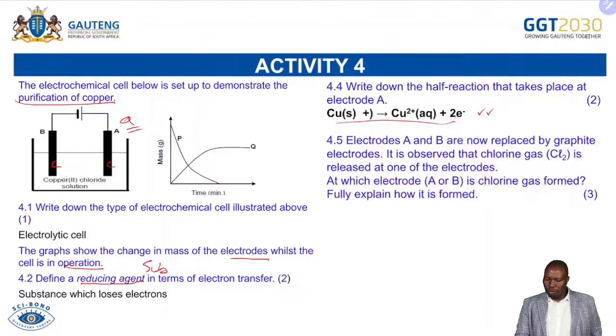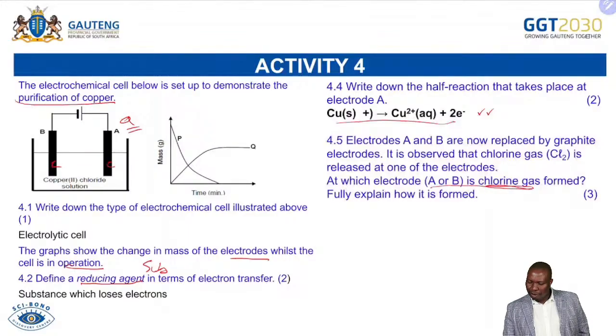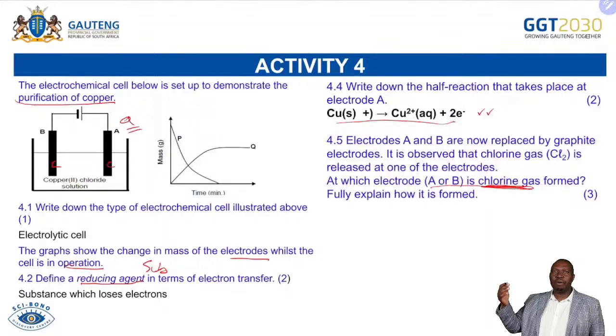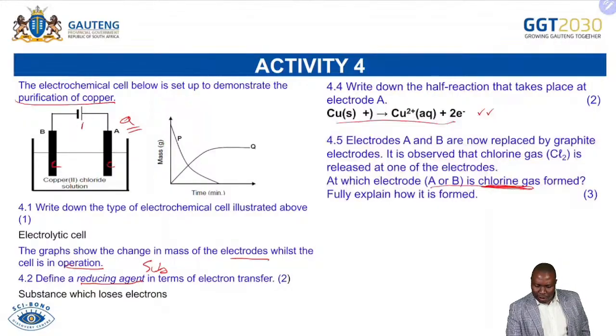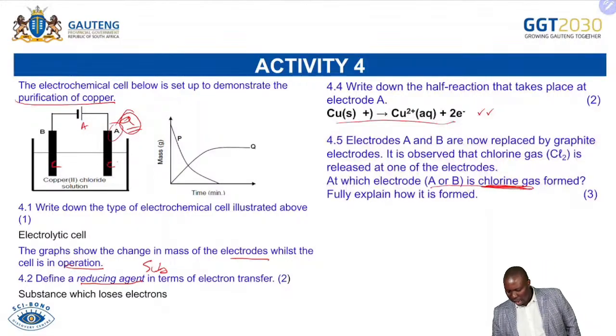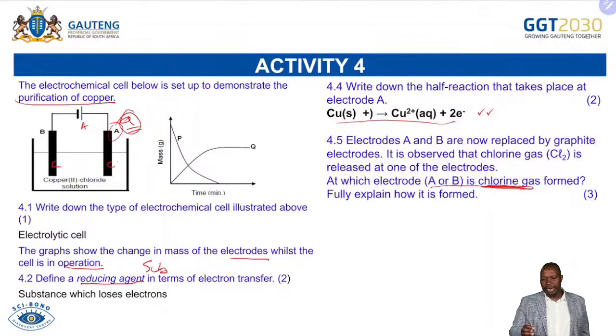Now this process would be electrolysis of copper chloride, and then they are saying at which electrode, A or B, will chlorine gas be formed. Remember we said chlorine gas is formed at the anode, the positive anode, so the anode is that one, so at A, that's where we'll have our anode. Why? Because 2Cl minus will be attracted to the positive.